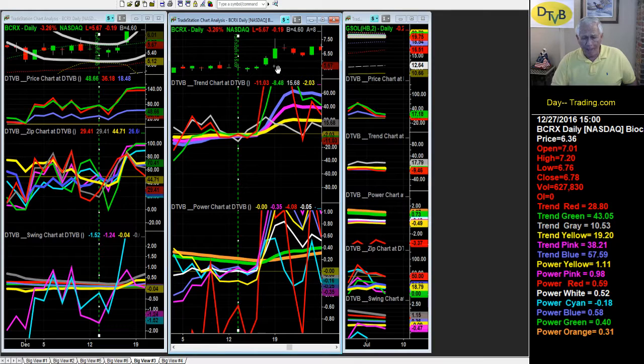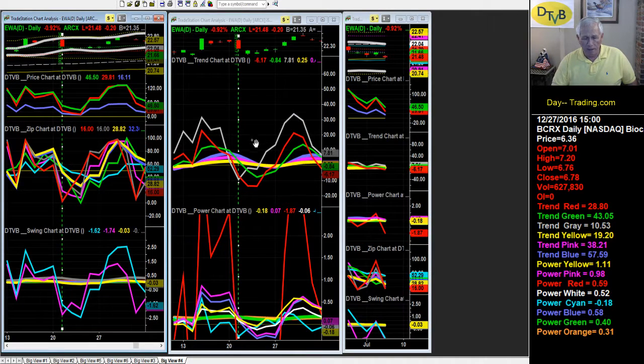I don't know why it happens, but when trend gray is lowest, and of course I always watch the power yellow line, and I verify that, see what's going on with the other 3 charts, and just verify what's happening. But in this case here, you have 4 nice days up.